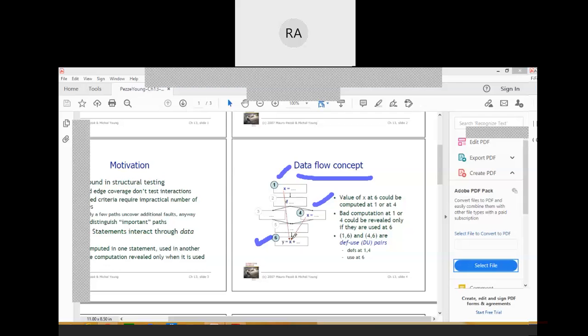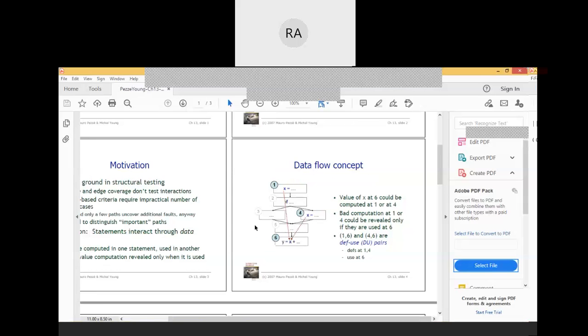Otherwise, no. If there are no nodes which kill it, then only you will form a DU pair. If in between I have any x is equal to some statement, then 4 and 6 will never form a DU pair. That is one important concept with respect to data flow.